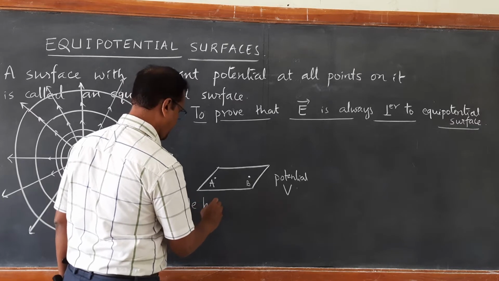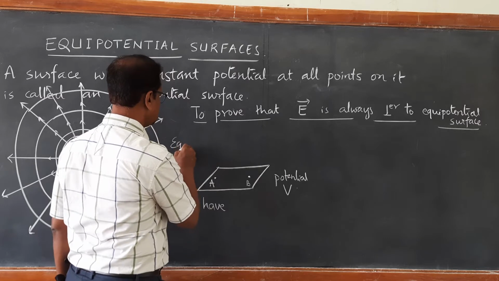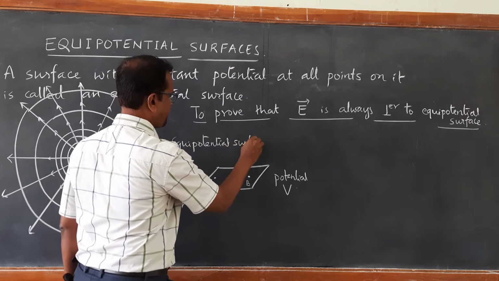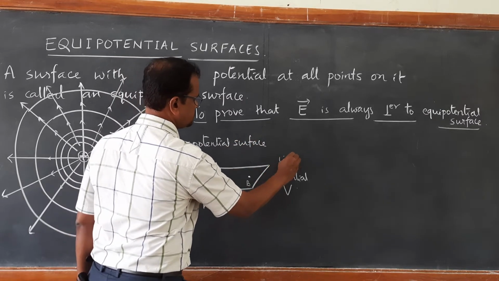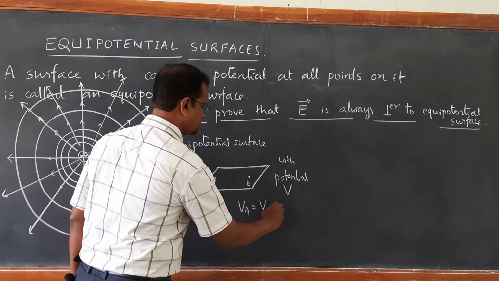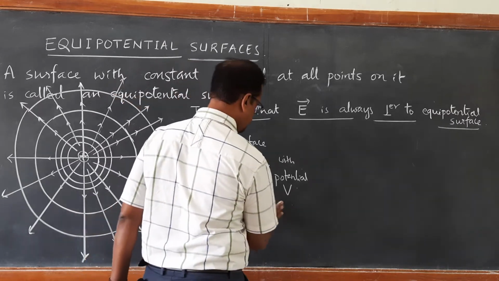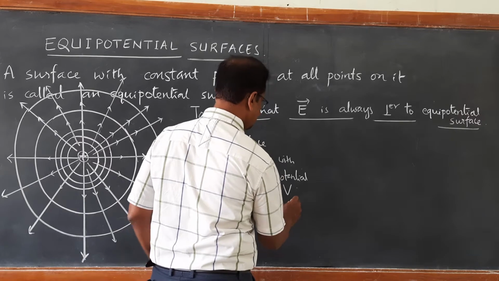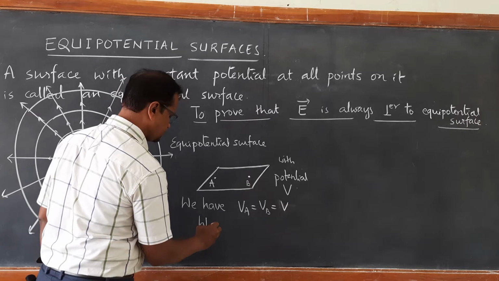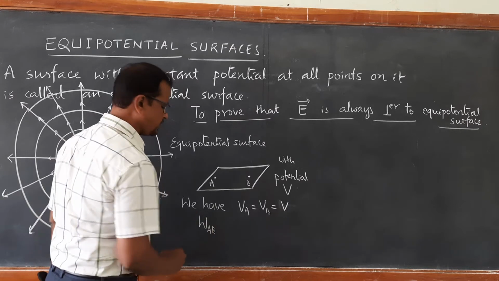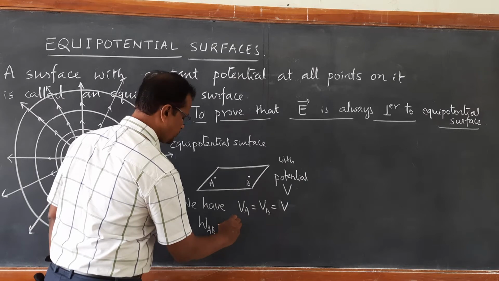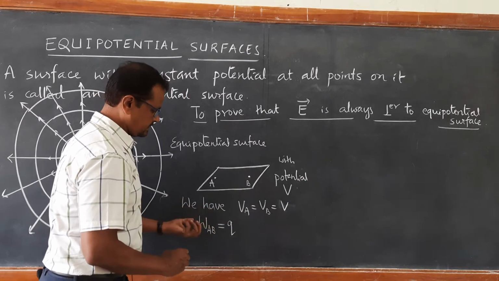We have an equipotential surface here with potential V at all points, VA equal to VB equal to some potential value which we have chosen as V. Now, work done in moving a charge from A to B is calculated as follows.